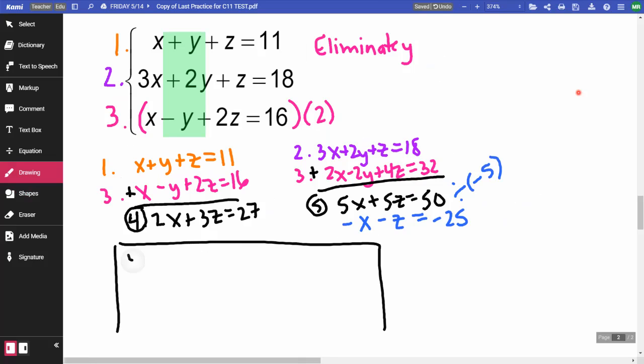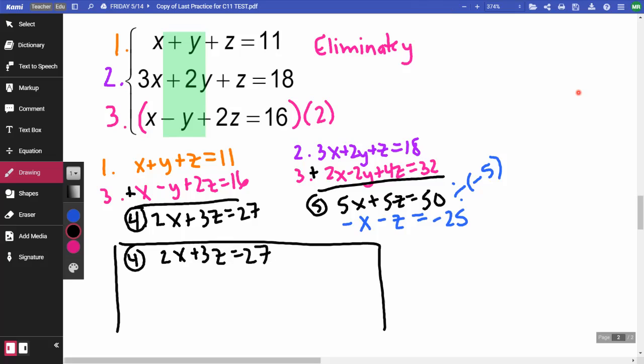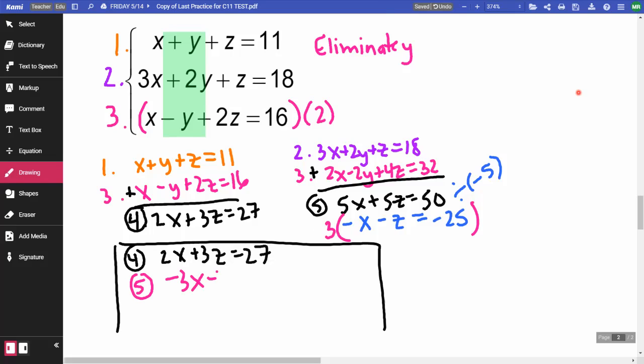So I'm going to take number 4, which was 2x plus 3z is equal to 27. And I am going to multiply this equation here by 3. And that's going to make my new 5 be -3x minus 3z is equal to -75.